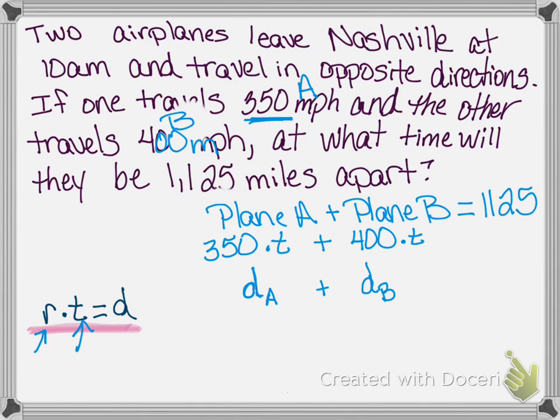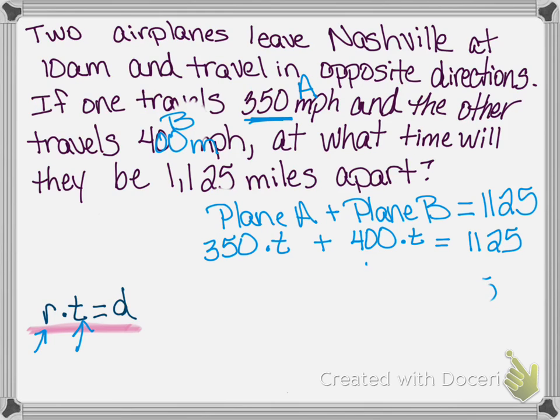So 350 times T is a distance, and 400 times T is a distance. When I add those two distances together, I'm going to have 1125. So now I have 350T plus 400T equals 1125.